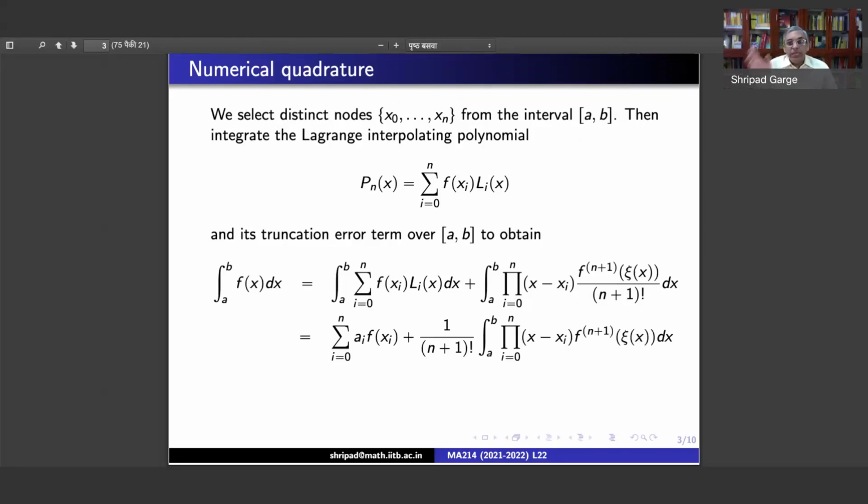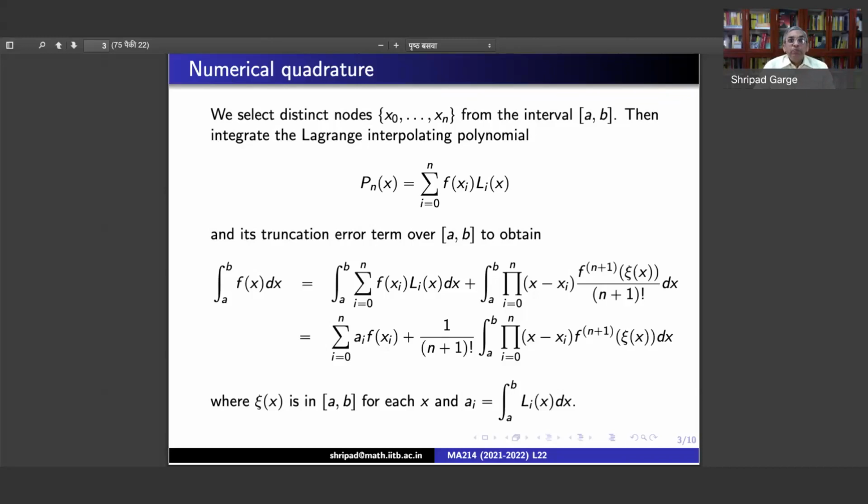And then you have the error term, where you would take again this 1 upon (n+1) factorial outside and compute the integral of the inside part. So here xi(x) is inside (a,b) for each x, and the ai are real numbers, which are simply the integrations from a to b of Li(x) dx. So this is the formula we would have.